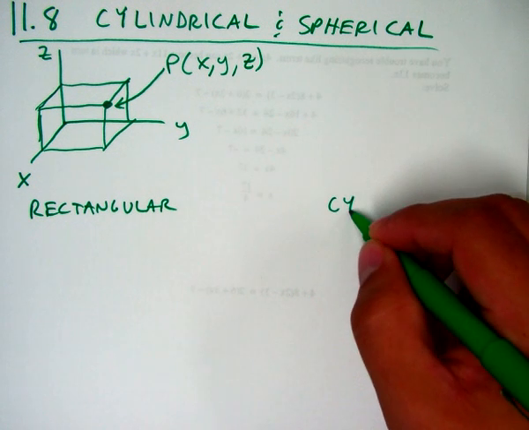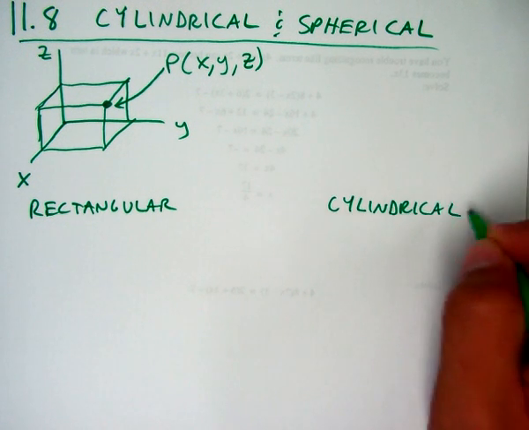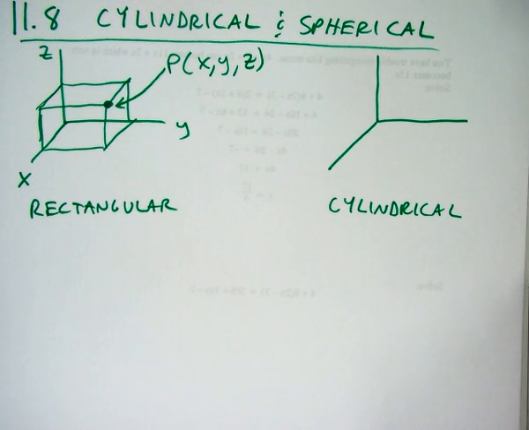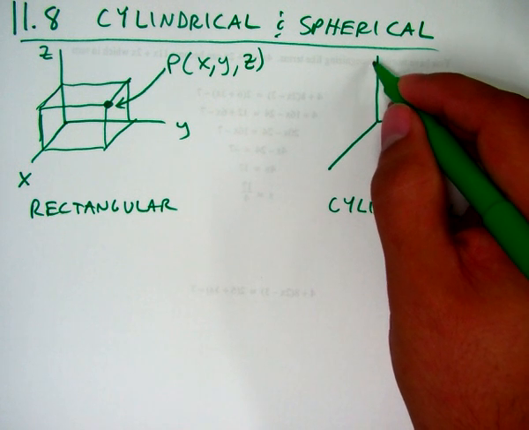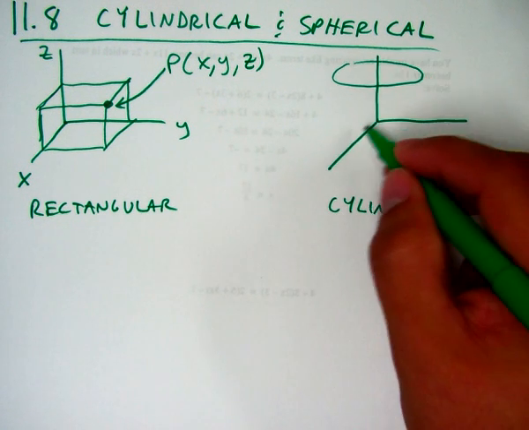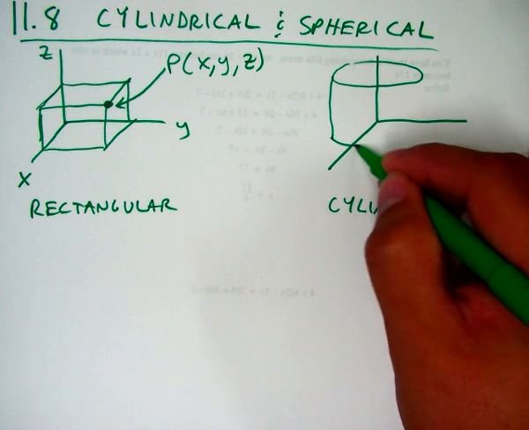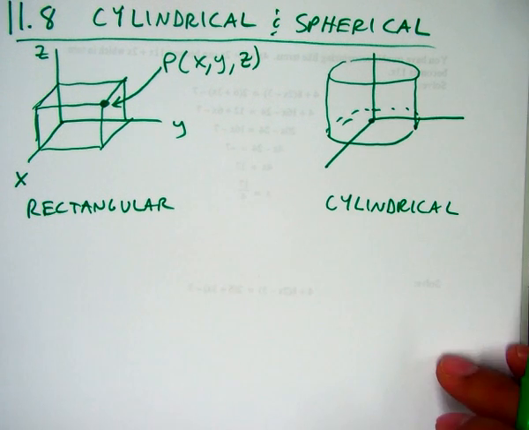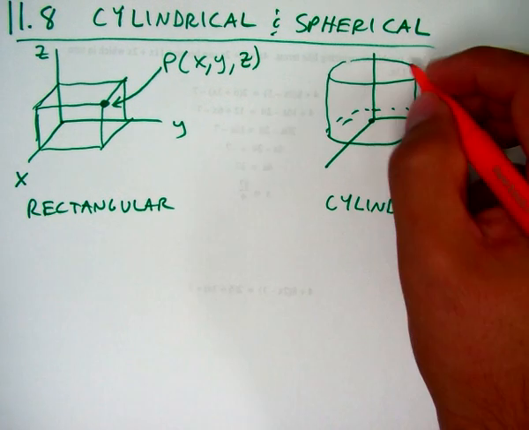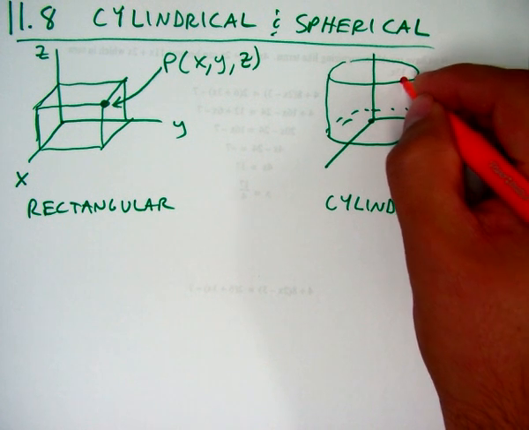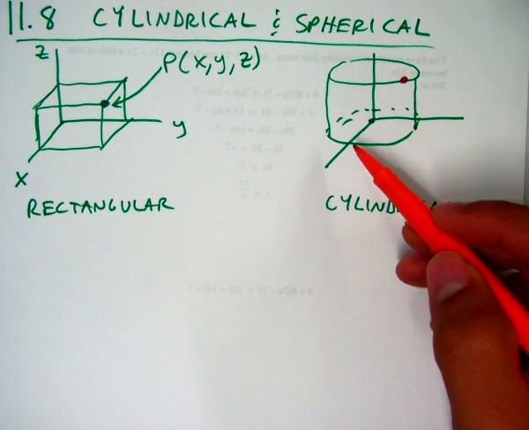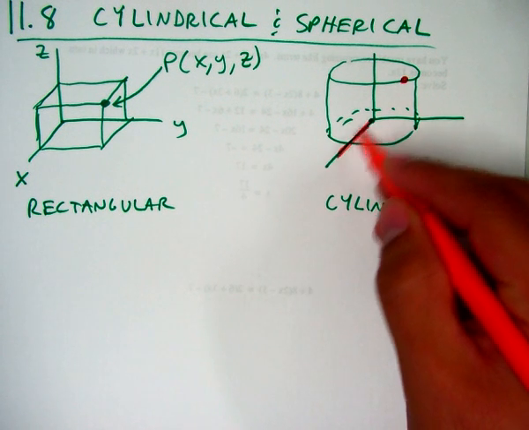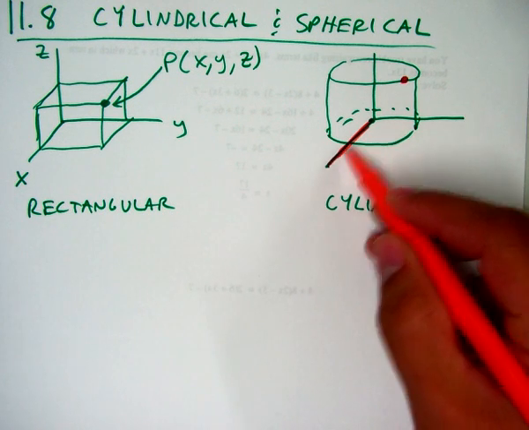Cylindrical looks something like this. So if you imagine a cylinder wrapped around or centered around the z-axis, and we put a point, let's say right here, instead of saying, go out x, right y, and up z, what we're going to say now is to start on the x-axis, and we're going to go out a certain radius.